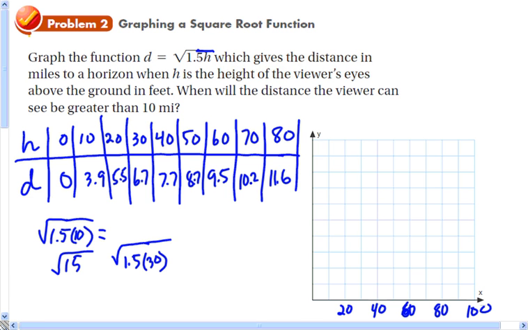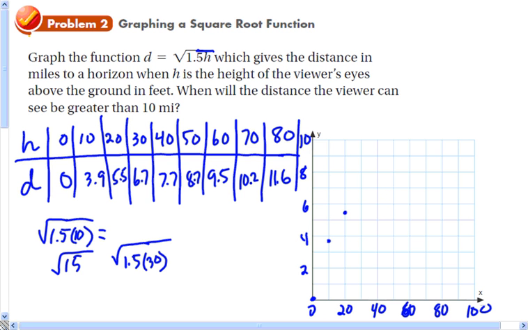And then on the y-axis, we can just maybe go up by 1. That should be good enough there. And then at 0, I'm 0. At 1, I'm 3.9. Maybe that's about there. Then 5.5.